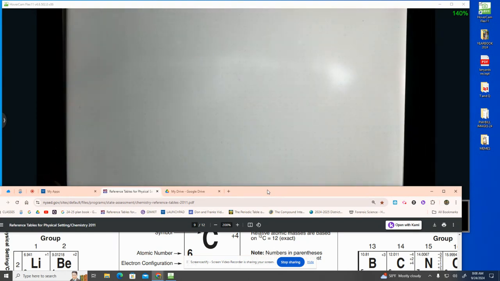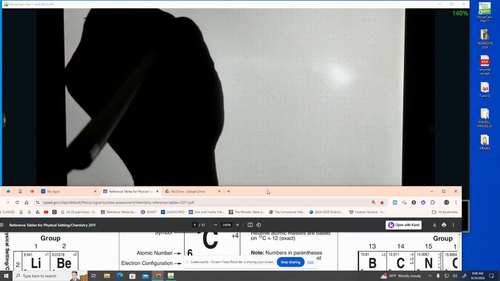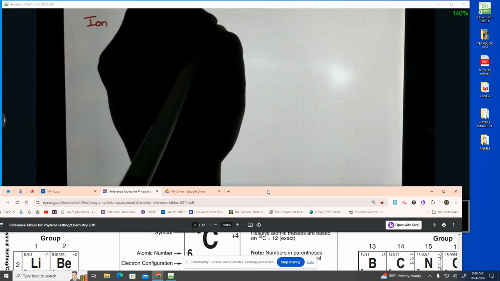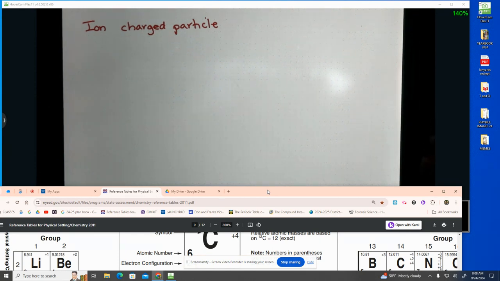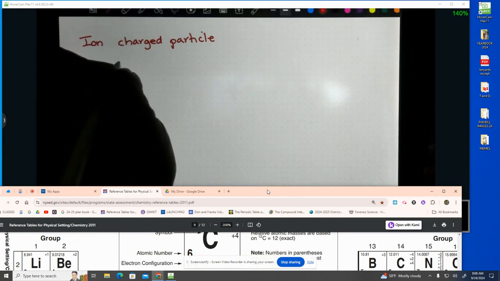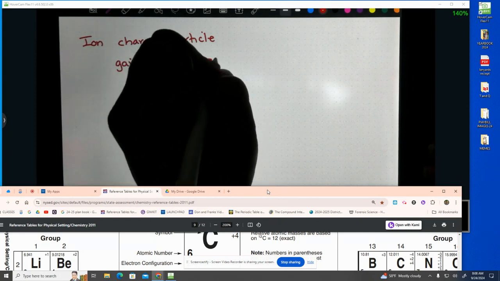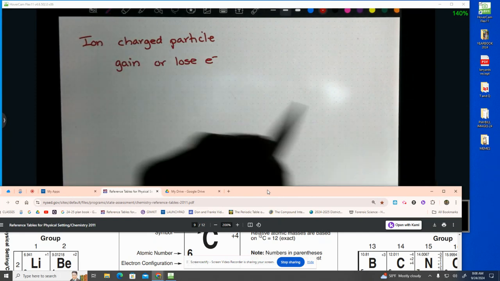Now let's write it all down so that you have it in your notes. Okay, an ion is a charged particle and it occurs when you gain or lose electrons. That's when you make an ion.